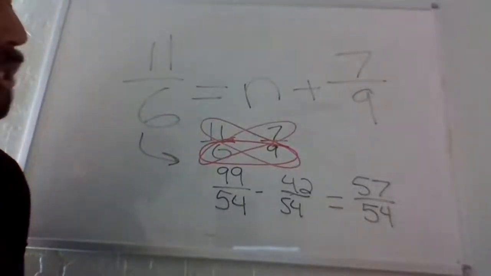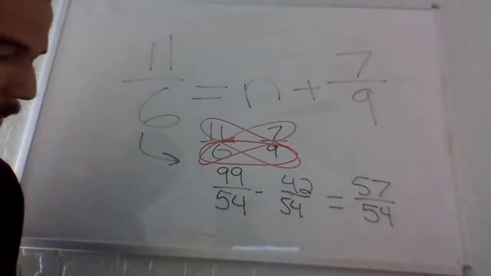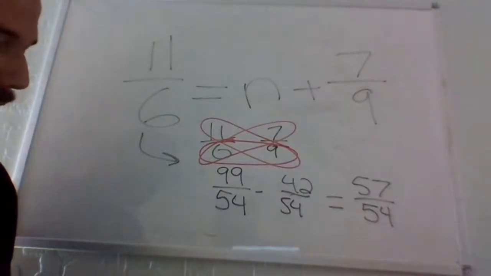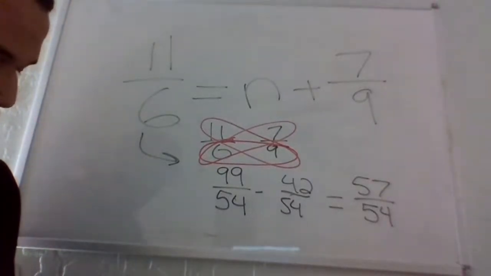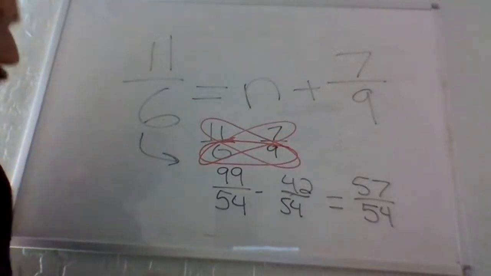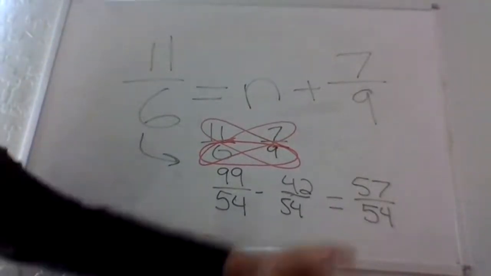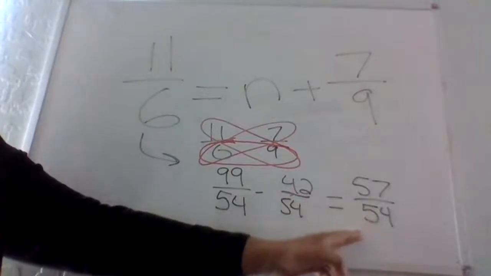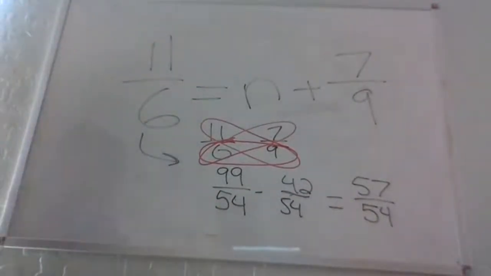Well, that's to change it into a mixed number. But this fraction can actually be smaller. This fraction can actually be made smaller because both the numerator and the denominator can be divided by the same number.